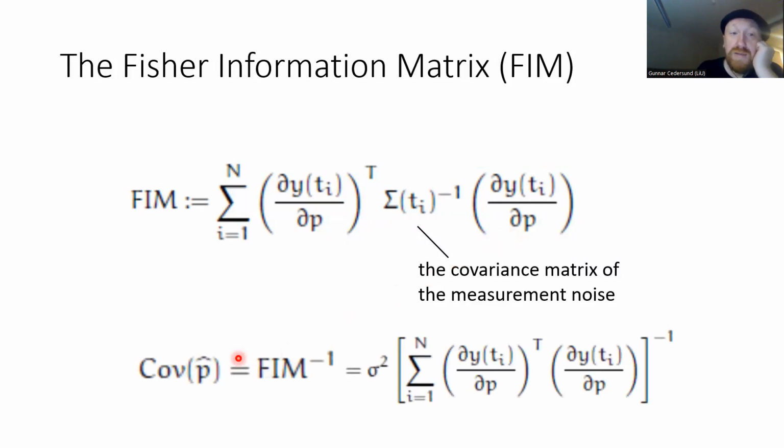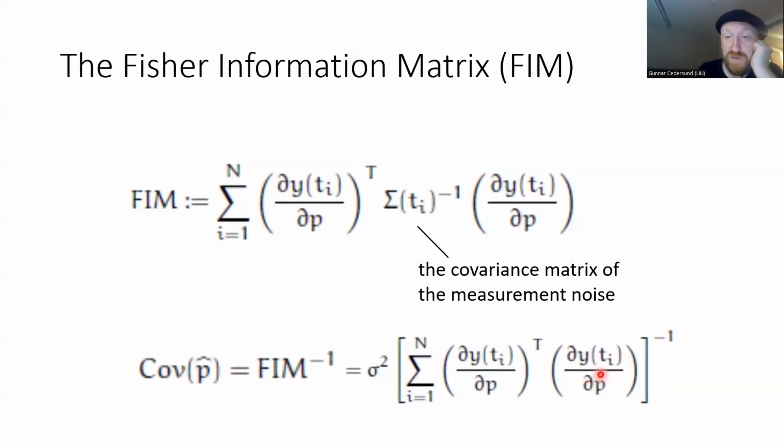And I talked in the video on global optimization about that. Sometimes you look at the covariance matrices and the covariance of the parameters, so basically how they depend on each other and how well determined they are. That's basically given by the inverse of the Fisher information matrix.